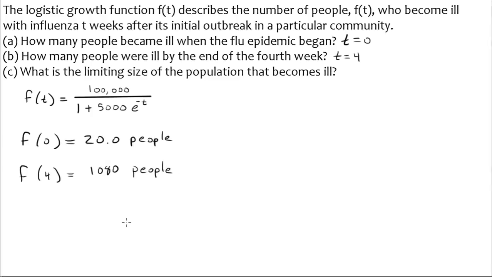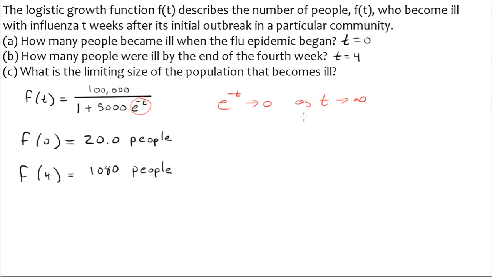So we want to know what is the limiting size of the population that becomes ill. For this exponential function here, e to the negative t is in the denominator, and e to the negative t goes to 0 as t goes to infinity.